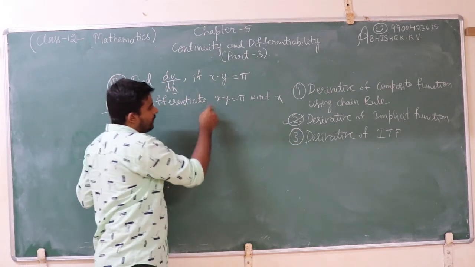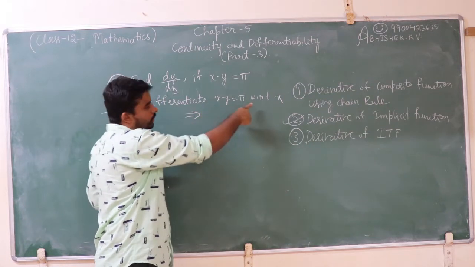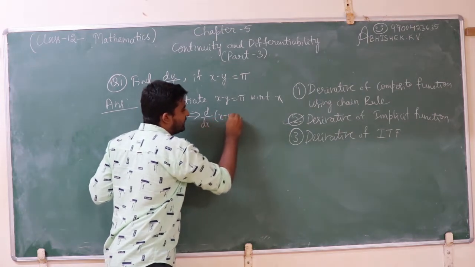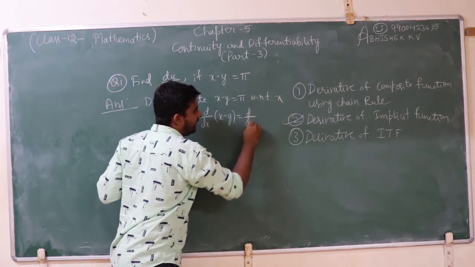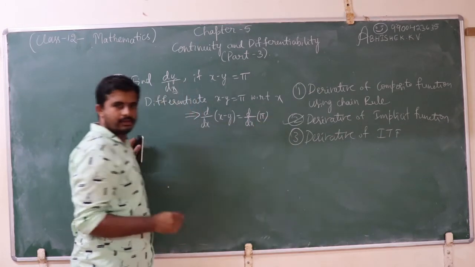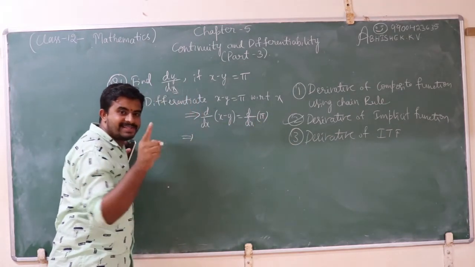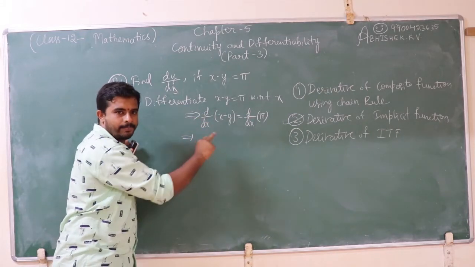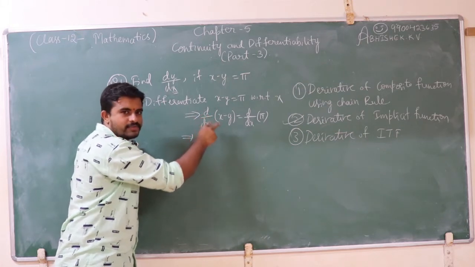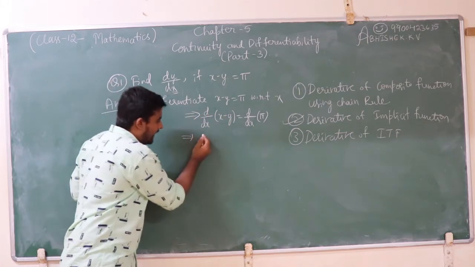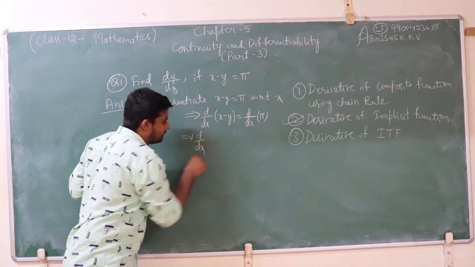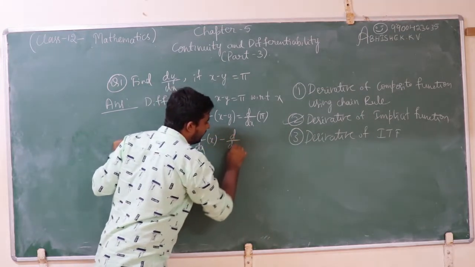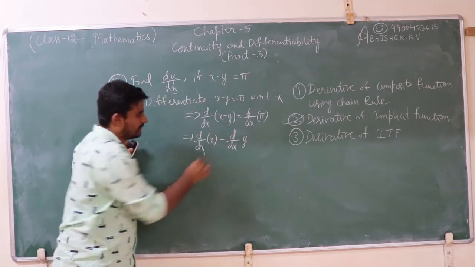So when I apply the derivative to this function, d by dx of x minus y is equal to d by dx of pi. According to the algebra of derivatives, the derivative of the subtraction of two functions can be written as the derivative of the first function minus the derivative of the second function. Is it clear?